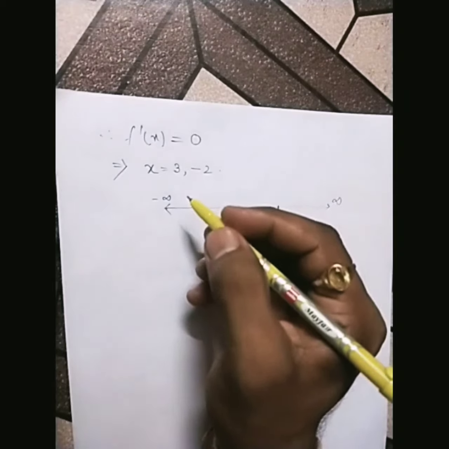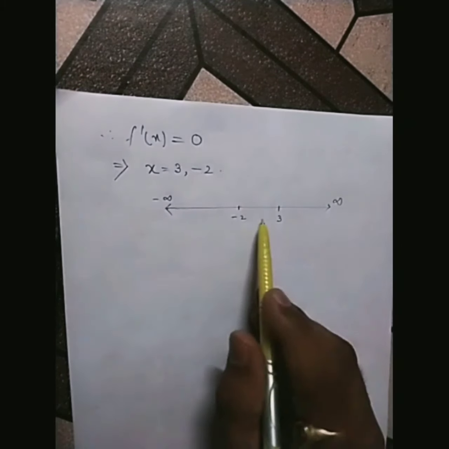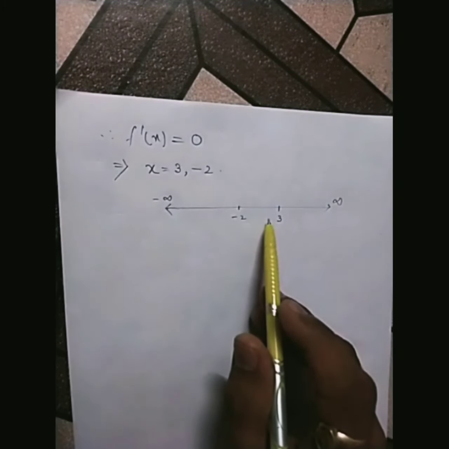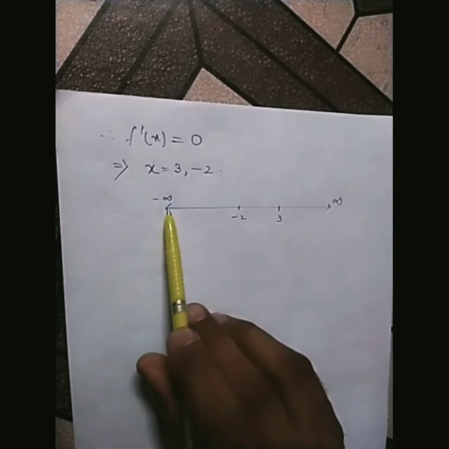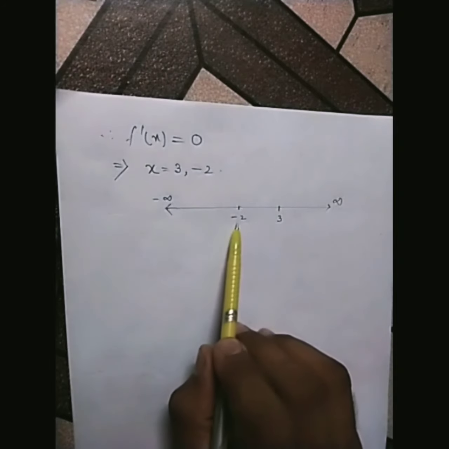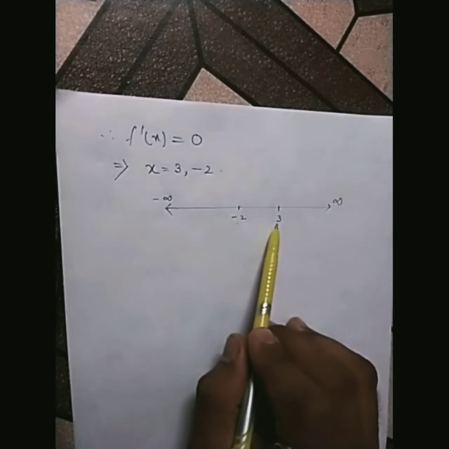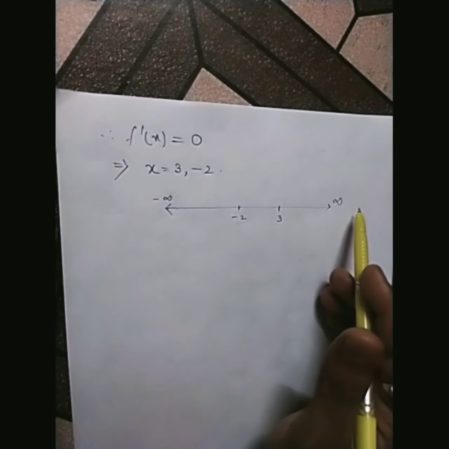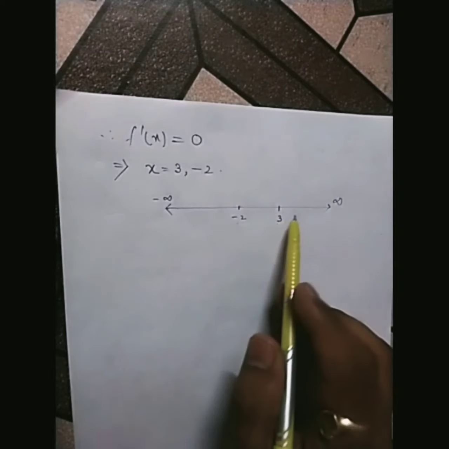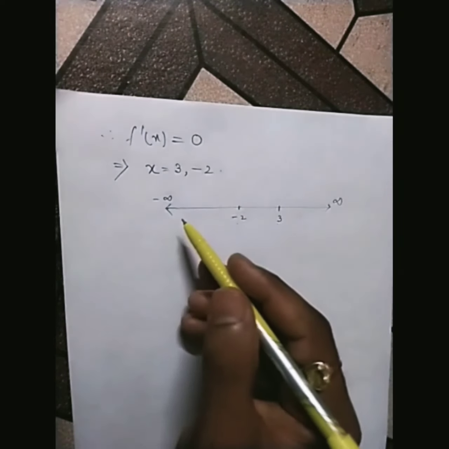Now you see these 2 points divide the real line into 3 intervals. This (-infinity, -2) is the first interval, (-2, 3) is the second interval, and (3, infinity) is the third interval. So you have to see in all the intervals, is it strictly increasing or decreasing?